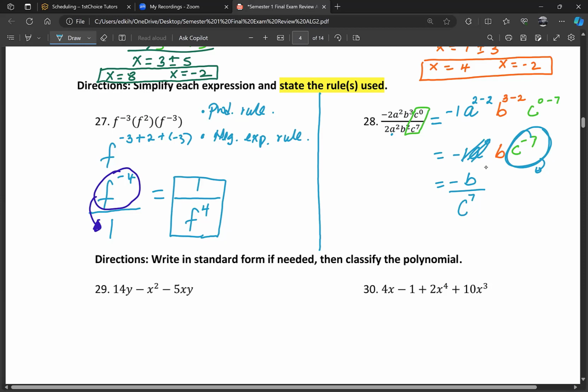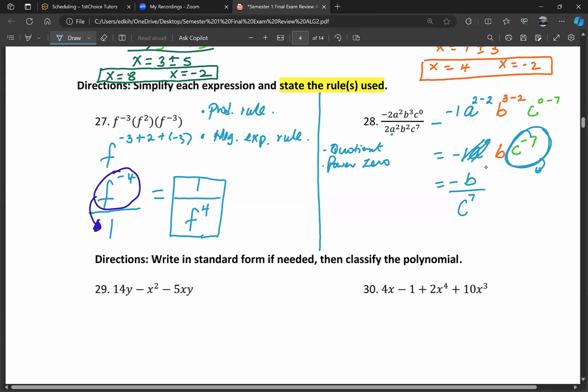So what rules did we use? We use the quotient rule. We used the zero, which is power of 0. You guys might have to look at how you phrase these. There's a cheat sheet that I think your teacher gave you, Miss Palmer.